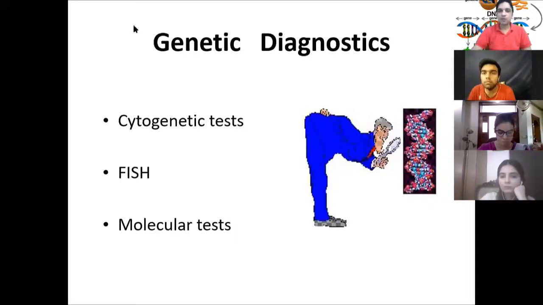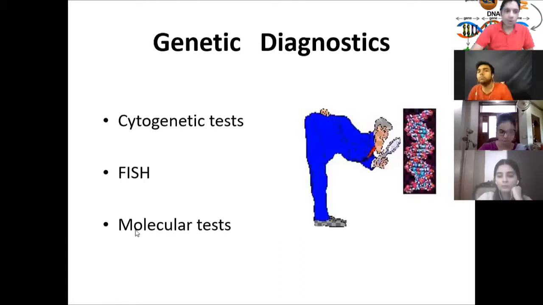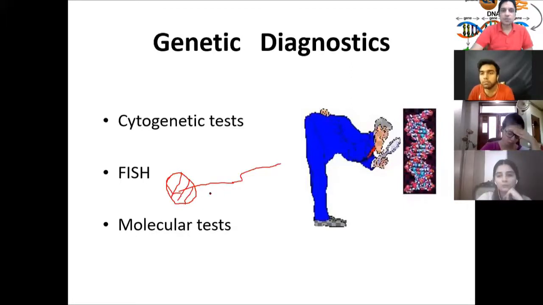So if you're able to attach a certain fluorescent dye at one corner, a fluorescent dye to a sequence, a piece of DNA of your choice, this thing can be termed a probe because it can go to the place of your choice.